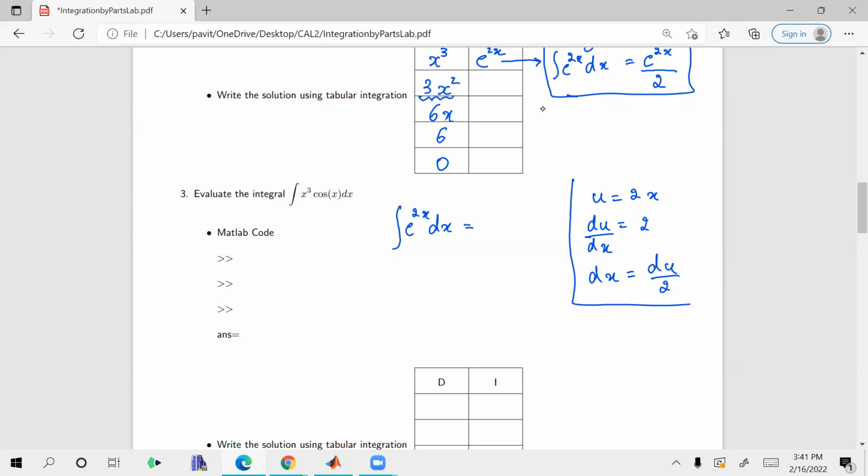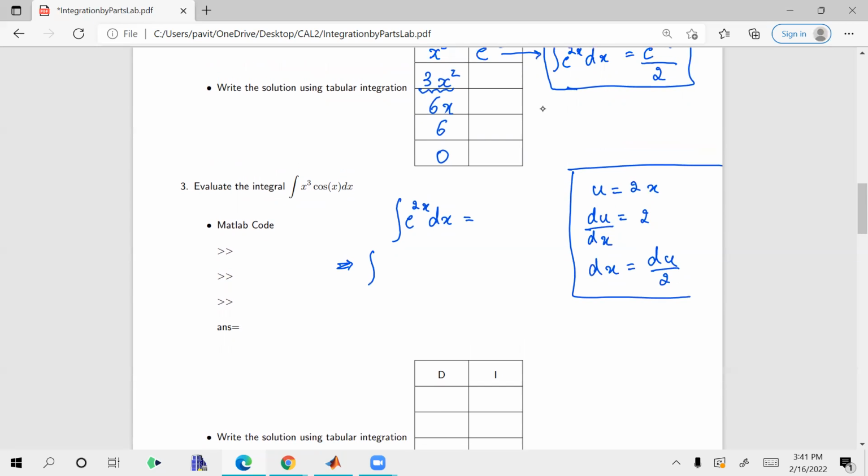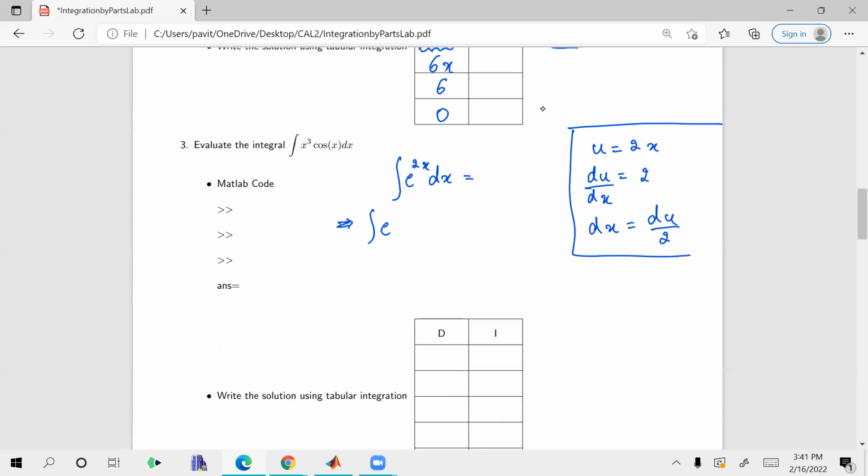Remember the u substitution we did in, I think, lab 2 or 3. Now you're going to apply the same thing here. The integral of e to the power of u, and dx is du by 2. Since 2 is a constant, I will just keep it outside as half times the integral of e to the power u du.